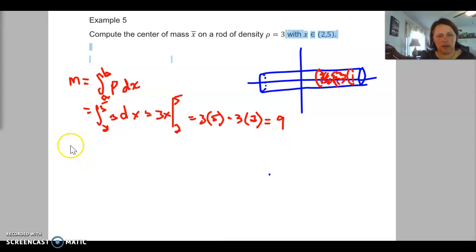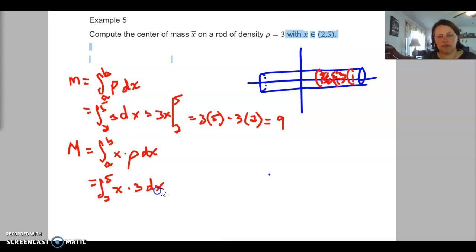Then we want to find our moment. Our moment is going to equal the integral from a to b of x, which represents the position, and rho, which represents the mass. So position times mass, which in this case is from 2 to 5 of x times 3 dx, which then integrating that, we have 3 halves x squared evaluated from 2 to 5.